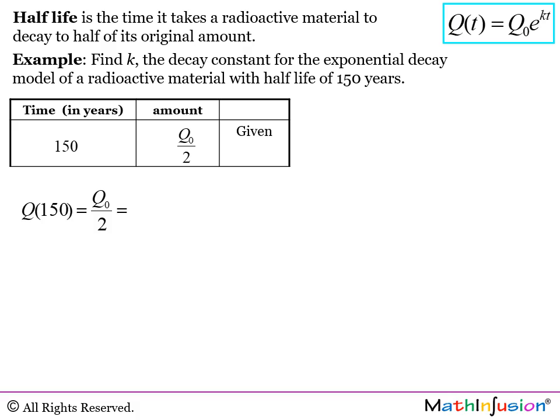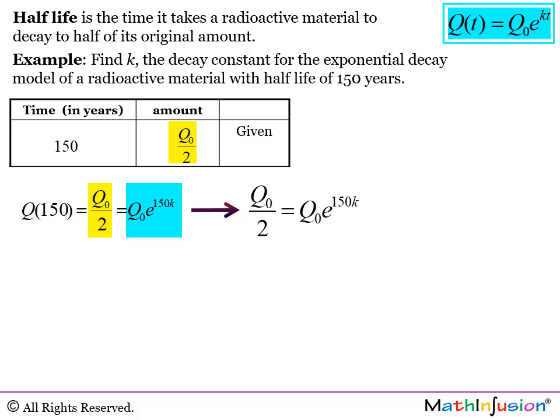It's Q0 over 2 by the chart, but also I can use the model and I get that. So I get this and I can cancel out this to get that.